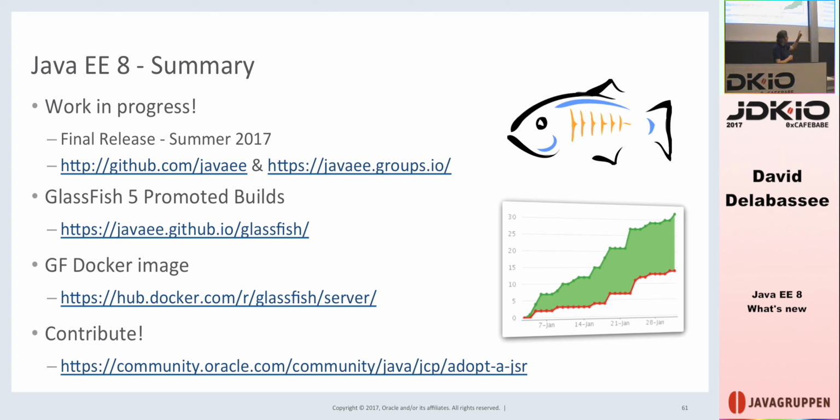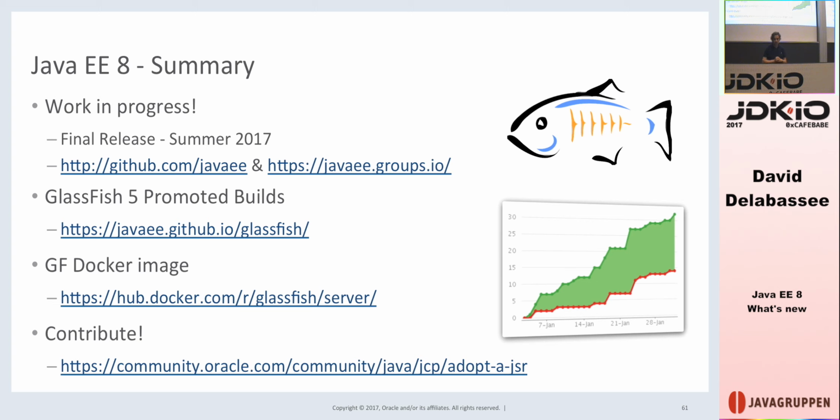But nevertheless, this is the place you need to go. We have also moved all the discussions related to Java EE to groups.io. So we now finally have a modern platform where we can discuss the Java EE platform. Also, our goal is to put out GlassFish Docker images so that you can easily use GlassFish. Those images will be on Docker Hub. We already have a few, and that's something we're working on.